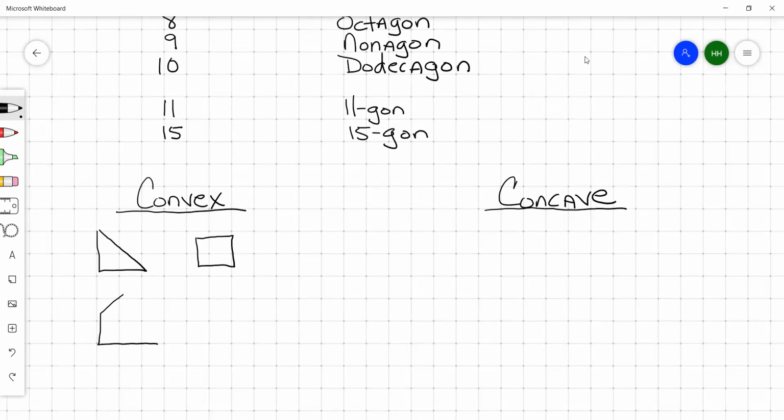Convex pentagon. Convex octagon. See them?